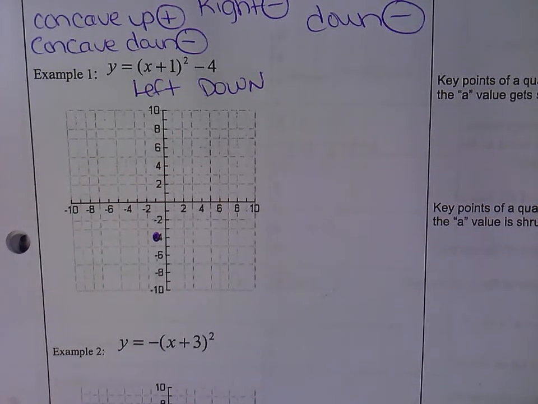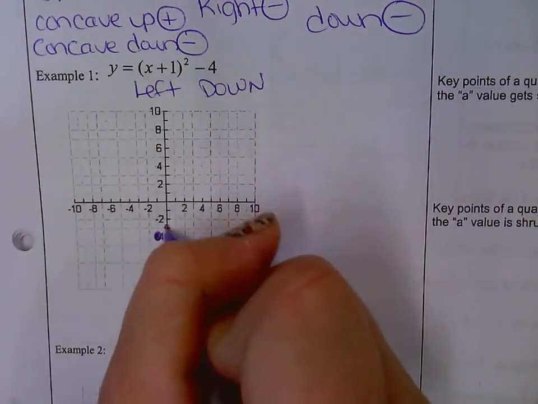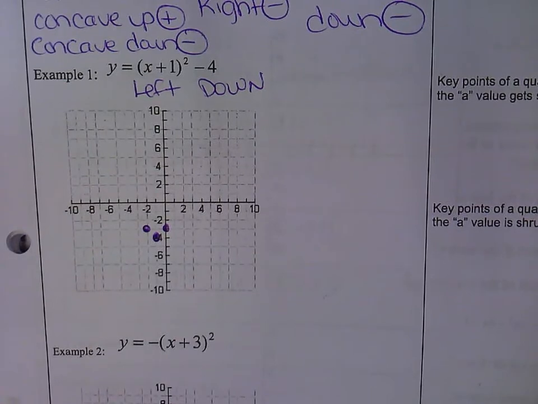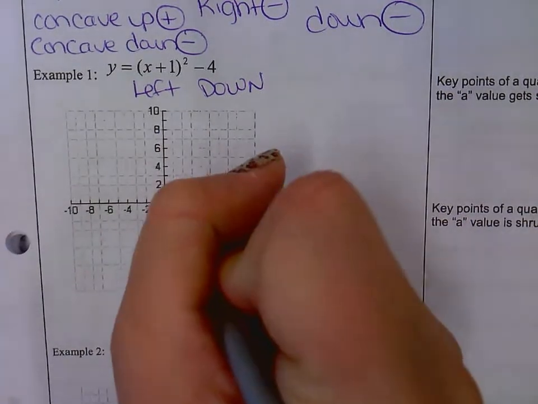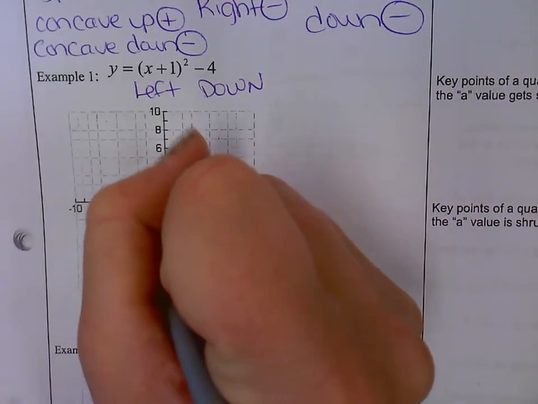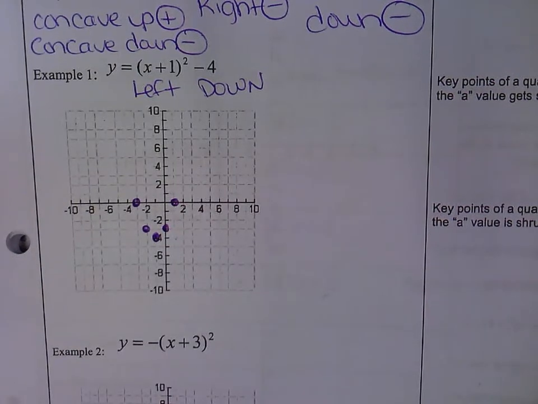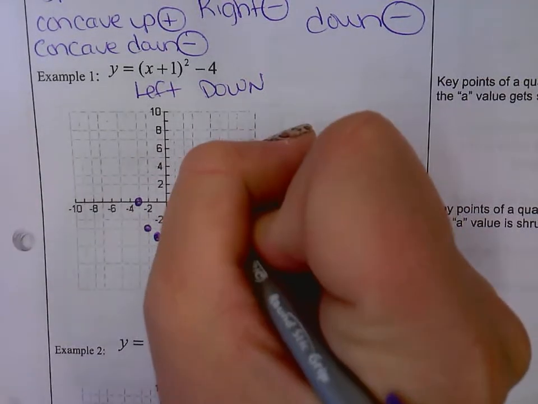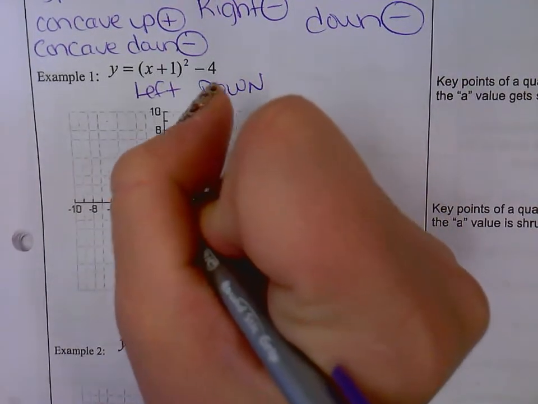The parent function goes over 1 and up 1 for a parabola, because 1 squared is 1, and then 2 squared is 4. So from the vertex, if I go over 2 and up 4, I end up right on that x-axis, because that would be up 4. And then 3 squared is 9, so if I go over 3 from the vertex and up 9, I would be at positive 5, because I'm starting at negative 4.